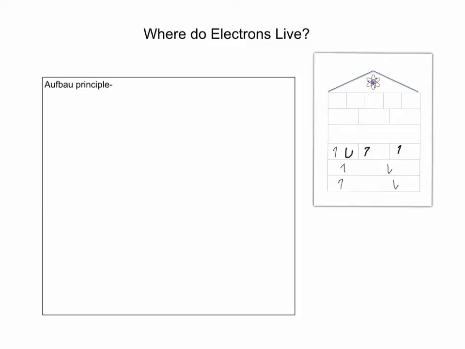And again, this says that electrons fill lower energy orbitals before they can fill higher energy orbitals. So electrons fill orbitals from low energy to high energy.